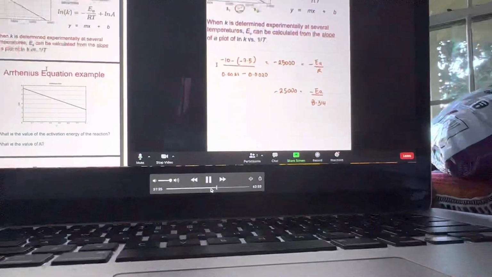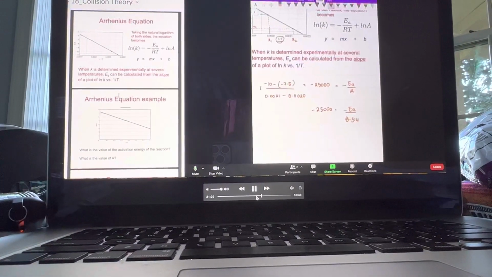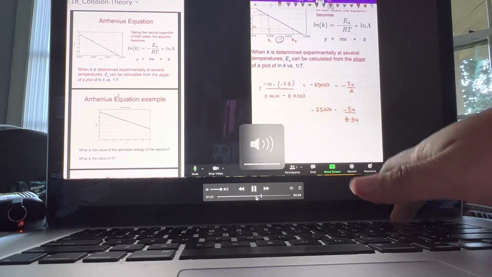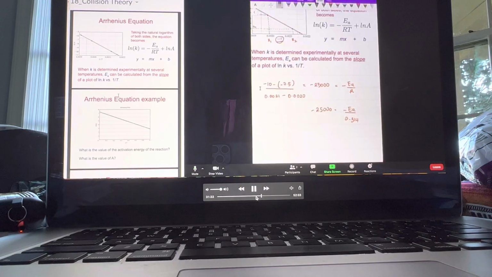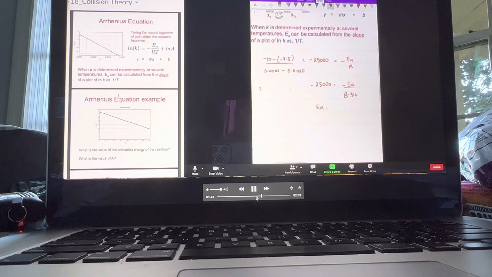Is this one like in the joules form? Yes, that's joules per mole per Kelvin. Okay. Yes, I don't think you use the other one for this. Okay. So EA becomes 25,000 times 8.314. And that'll give us the activation energy in joules.